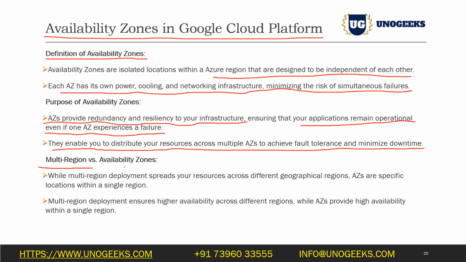Now, multi-region versus availability zones. Multi-region is another important topic. In multi-region, people host their application in multiple regions. Suppose I host my application in Central India and South India. This is multi-region. If one of the requests fails, my request will automatically be routed to Central India.